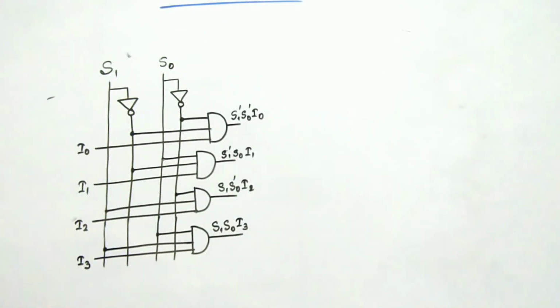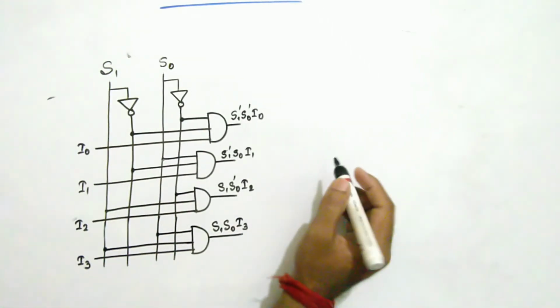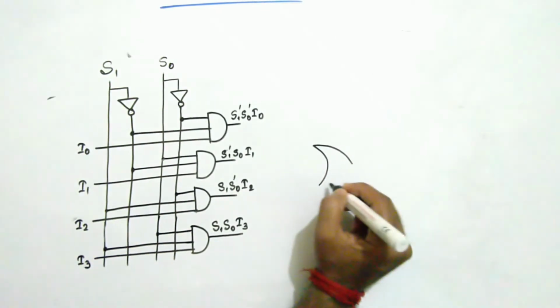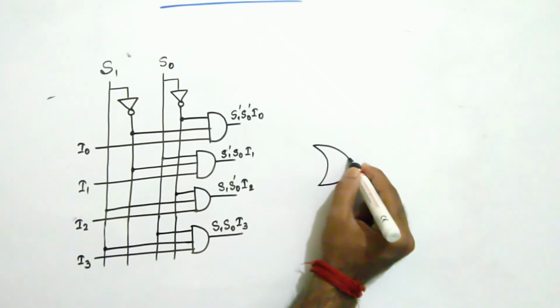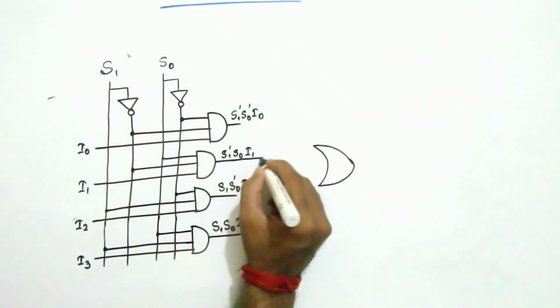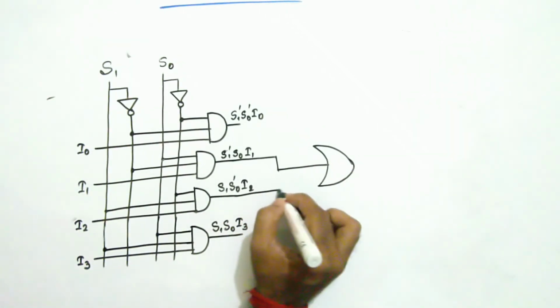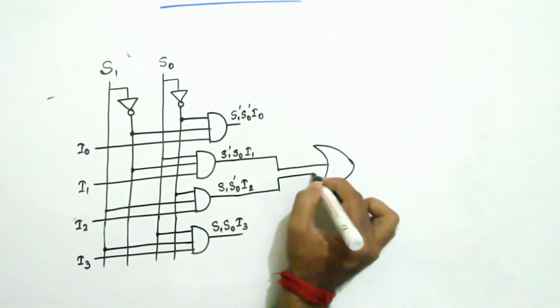Now we have drawn inverters and AND gates. The OR gate is only required to draw. So one OR gate will be there, and all four connections will be fed into the OR gate.